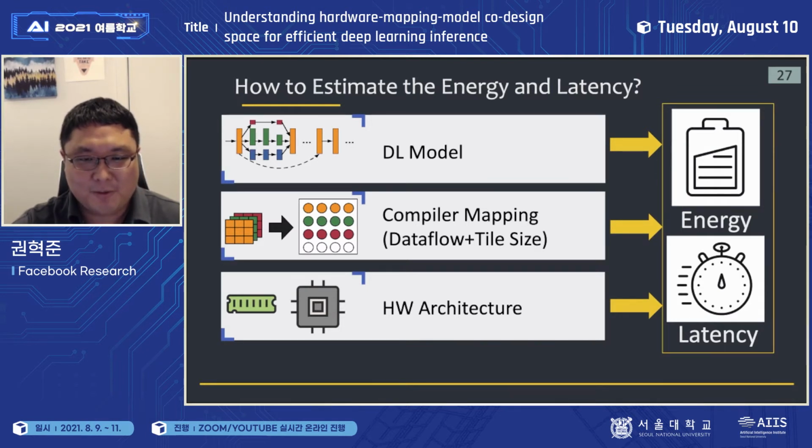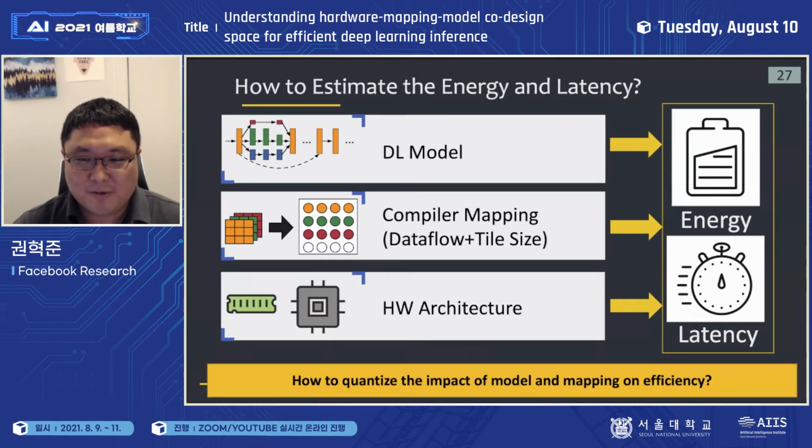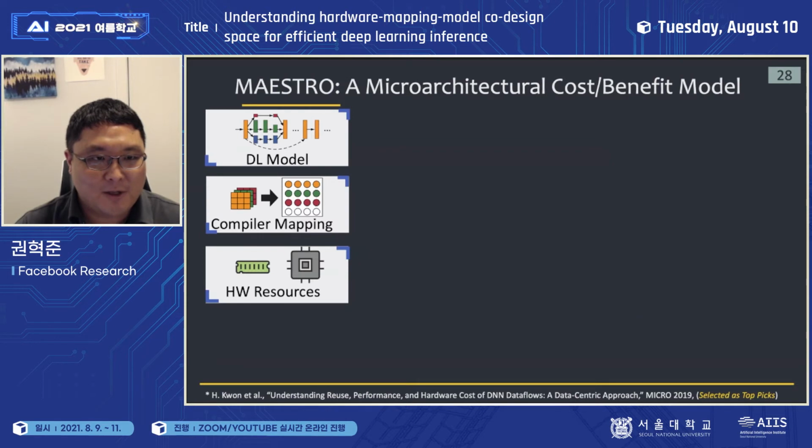This is the slide I visited previously. But the question is, how do we quantify the impact of the model mapping and hardware on the efficiency, which are energy and latency? For that, there are many cost and benefit models, such as Timeloop and Interstellar. But in this talk, I'll discuss Maestro.